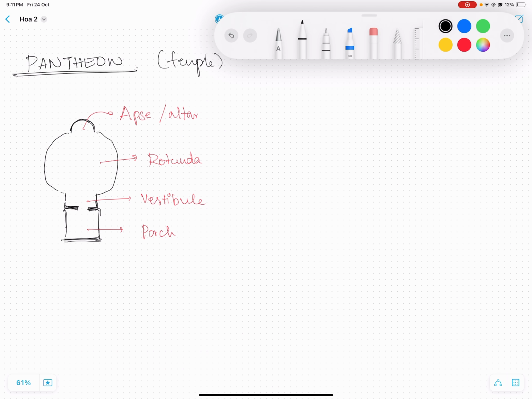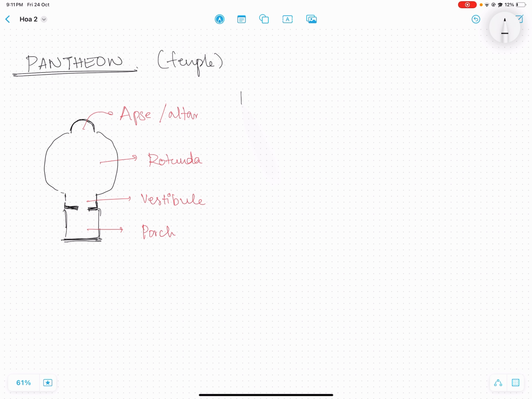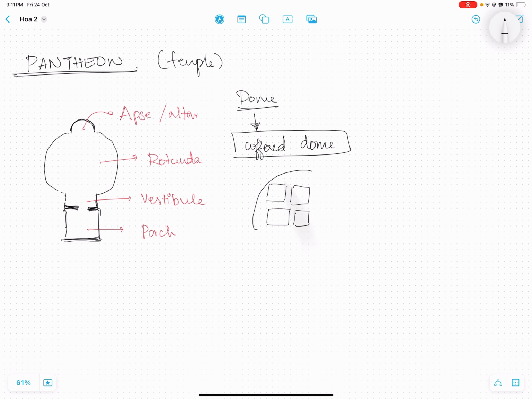Now, an important feature of the Pantheon is obviously the dome. This was a coffered dome, so that the entire weight is reduced. What coffered means is, if this is your dome, all these rectangular shapes were carved out so that the weight of the dome was reduced. So it was a coffered dome.